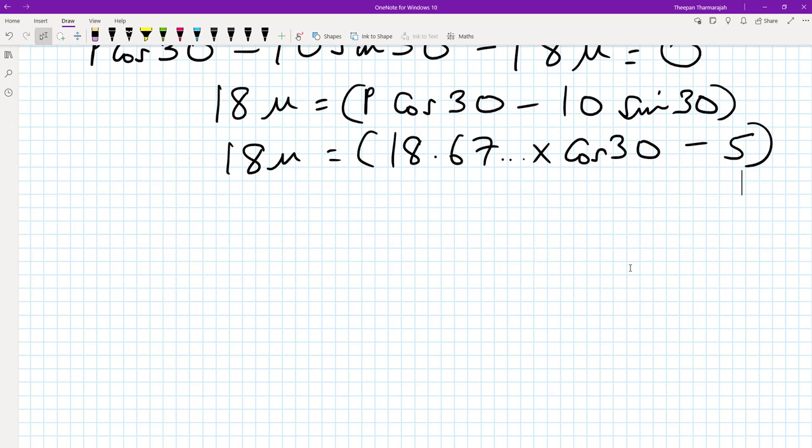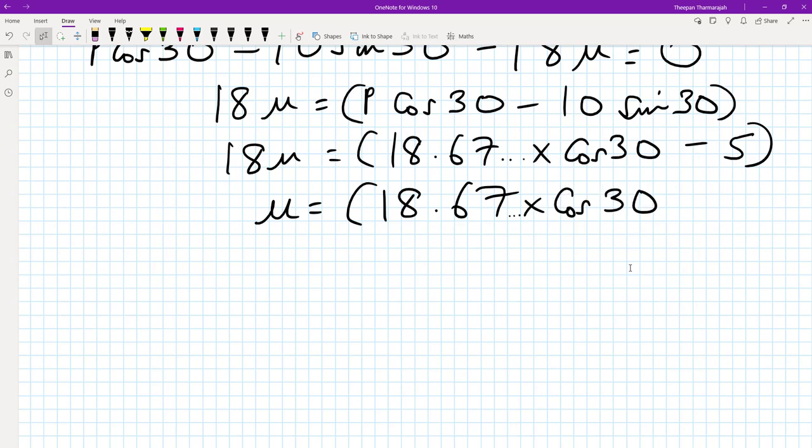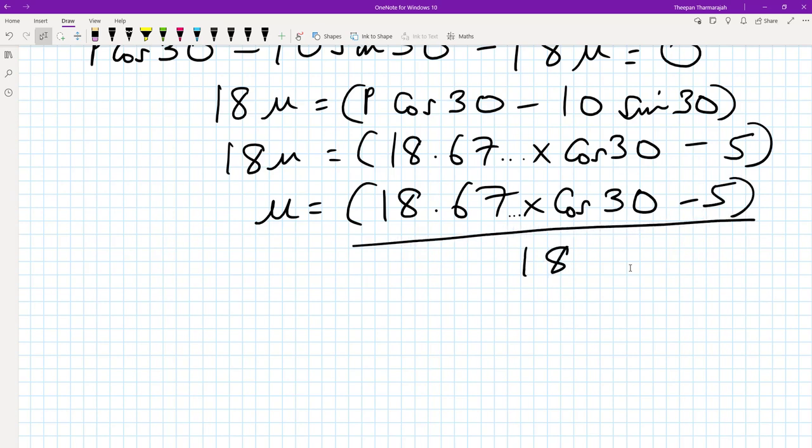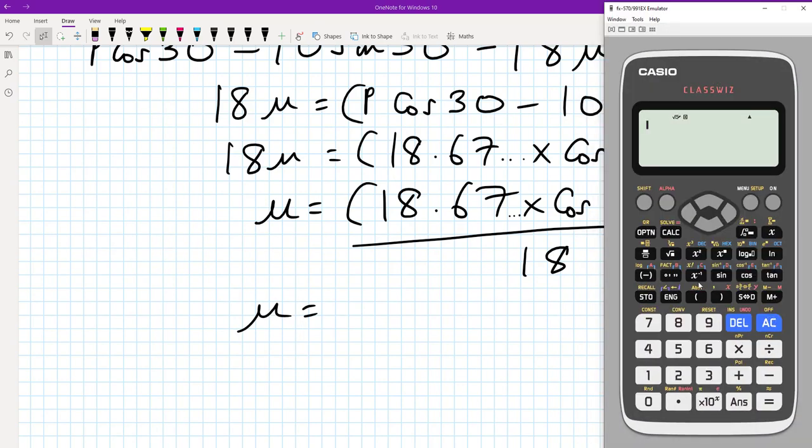And now we can say mu is 18.67 times cos 30 minus 5, all divided by 18. So we can now use our calculator for this. So we know what 18.67 is.